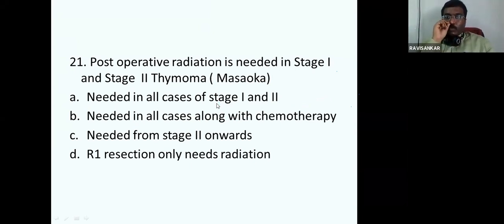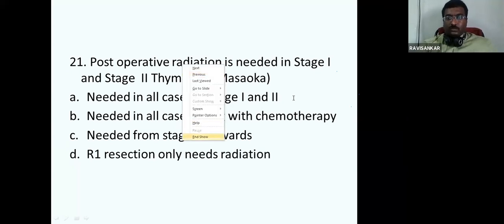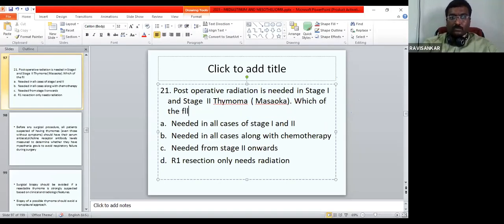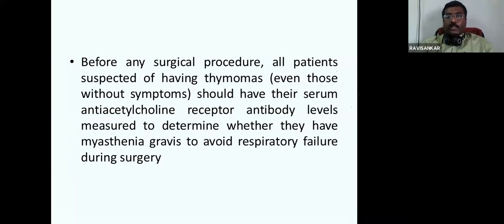Postoperative radiation is not needed in Masaoka stage 1 and stage 2. Which of the following is true? Coming to surgical mortality, as I told, all patients should have their serum anti-acetylcholine receptor antibody levels checked to find out the risk for respiratory failure during surgery.